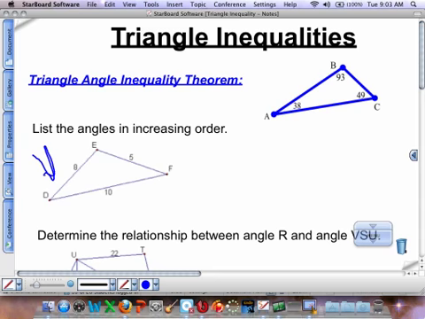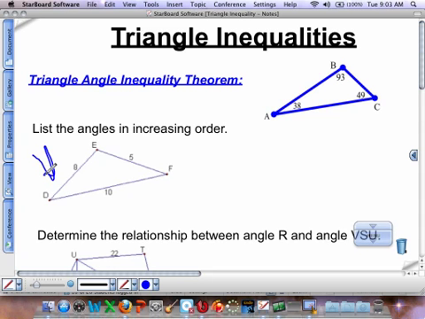Where we only have the side lengths and we don't know what the individual angles are. But it doesn't mean that I can't figure out the relative measures: which one's the largest, which one's the smallest, which one's the in-between angle. It's actually really easy. Think about the angle that's formed between my two sides here.